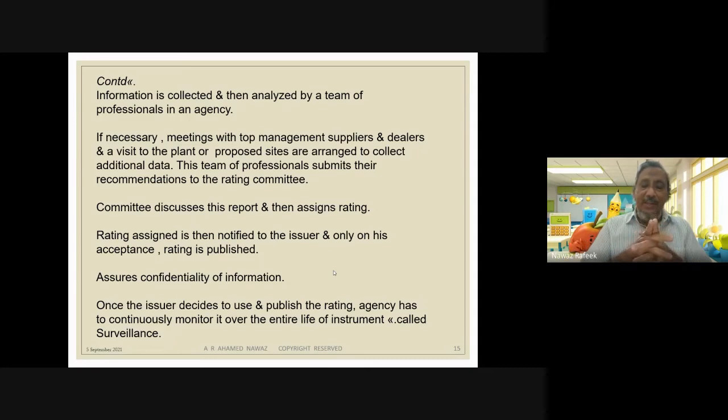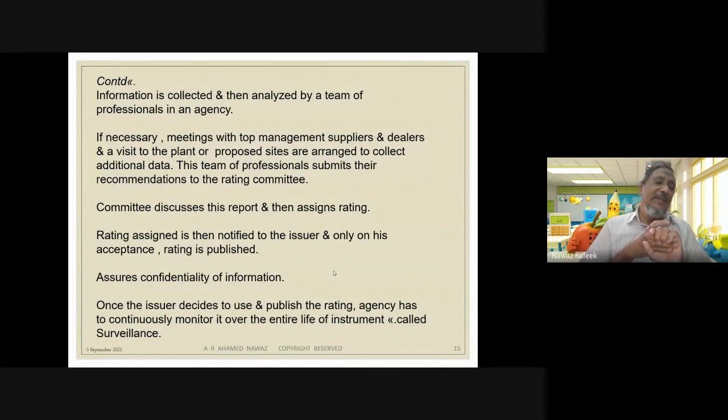After giving a rating, if anybody asks the rating agency for information about certain factors, they are not bound to give this information. They have to maintain confidentiality. Once the issuer decides to use and publish a rating, the agency has to continuously monitor it for the entire life of the instrument for surveillance.